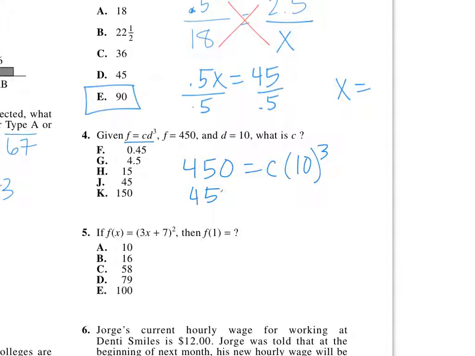So this side stays 450. C times 10 to the third is just 1 with 3 zeros after it. And now I want to get this c by itself, so I'm going to divide out the 1,000. So 450 divided by 1,000 is 0.45. This first option here, F.